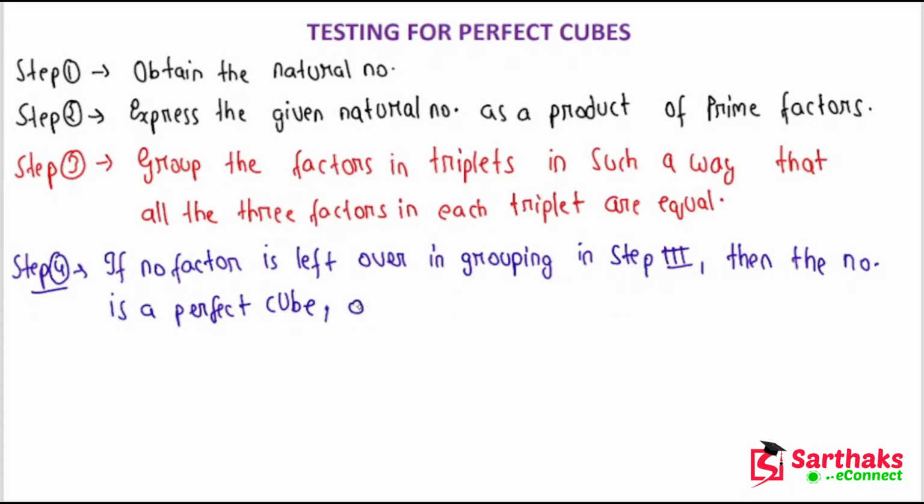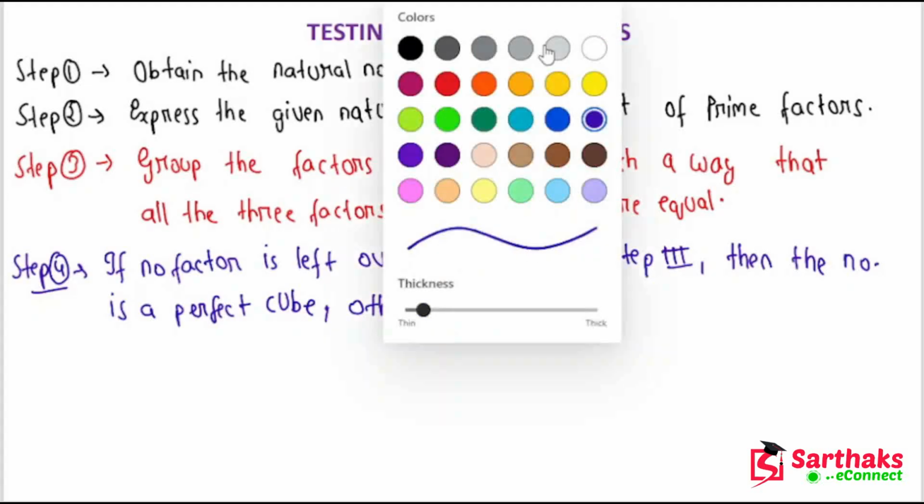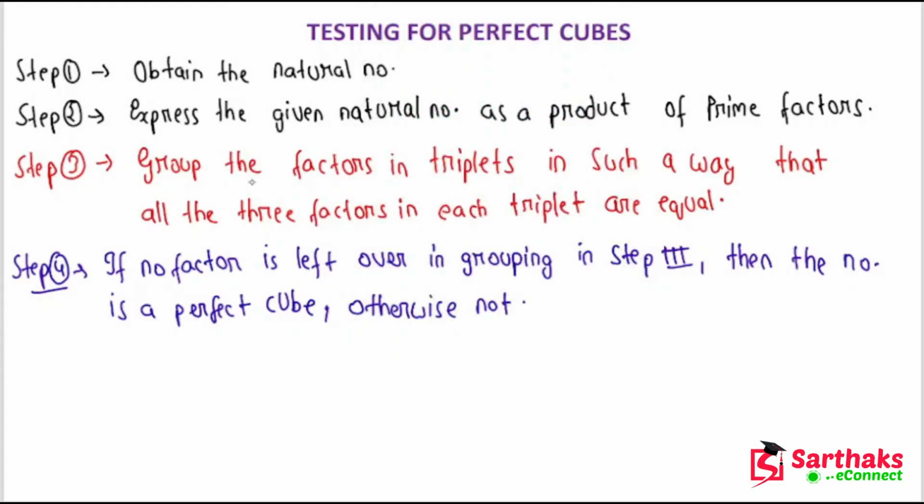otherwise not. So if you find any number out of the triplet, then the given number is not a perfect cube. Okay, and if you want to find the natural number whose cube is given, then let us write that also. To find, basically what we are finding is cube roots.